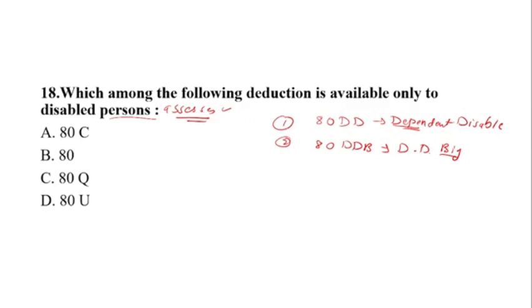In which section will he get a deduction? So option number D is the correct answer: section 80U is for the assessee, if the assessee is disabled.